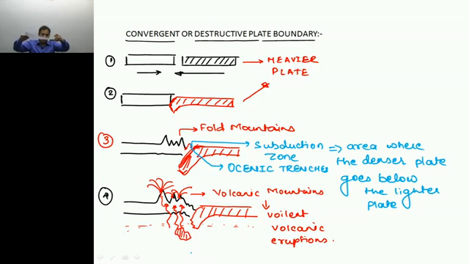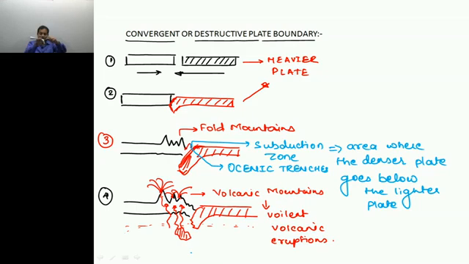When it is going below the lighter plate, there is a folding up of the materials or the sediments on the plate. When there is a continuous folding up of these materials or sediments, obviously the sediments or the deposits from both the plates are folded, giving rise to the mountains.